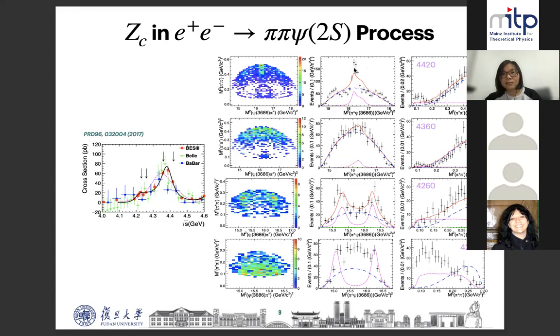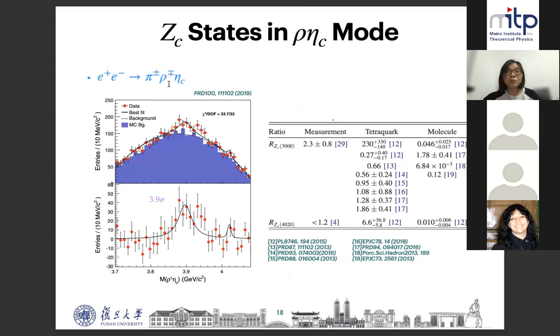The situation is quite complicated in this mode, and it is not easy to fit the data with very simple assumptions. There is no partial wave analysis of this mode yet, and we need much more consideration of the dynamics, as well as theoretical inputs.